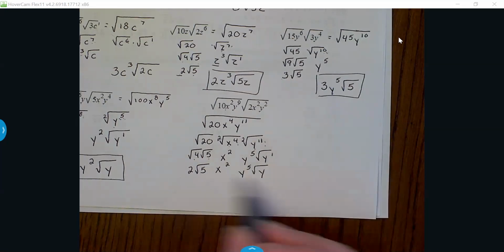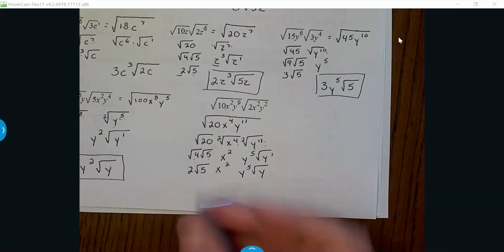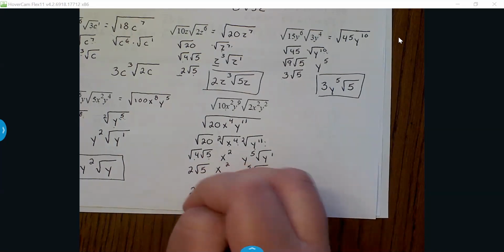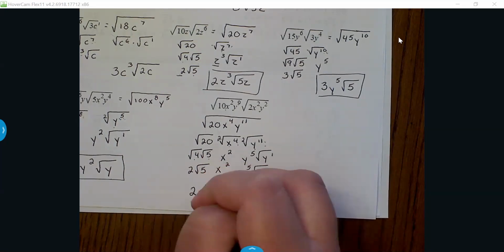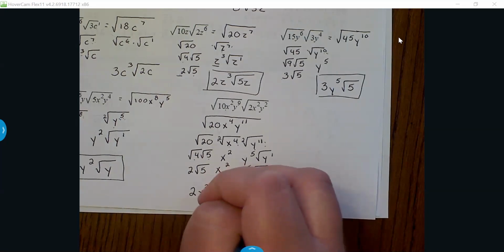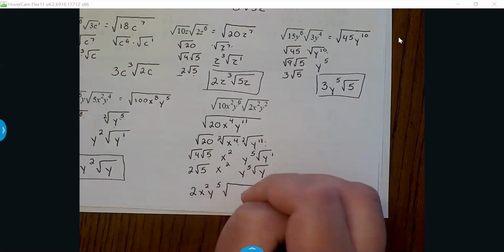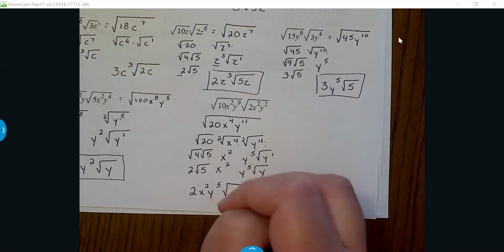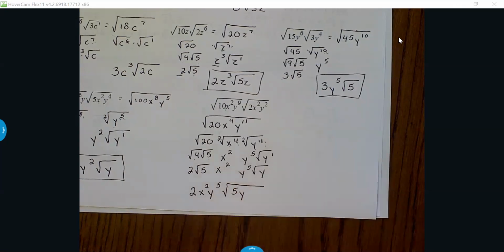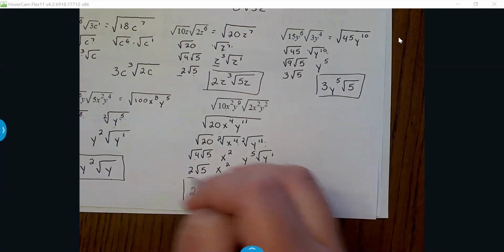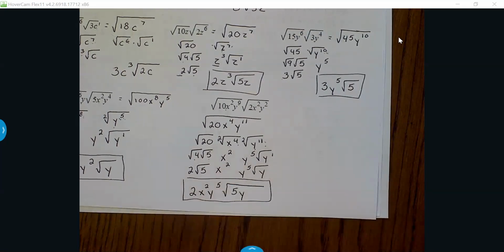So now I rewrite everything that's not underneath the square root. So that would be 2x squared y to the 5th, and then everything that's still underneath the square root, which would be 5y. And so my answer would be 2x squared y to the 5th times the square root of 5y. And that is module 9.